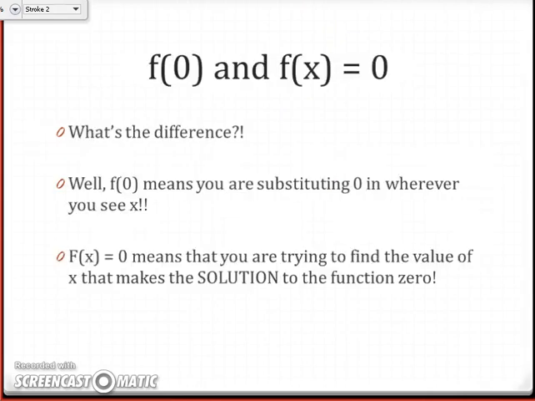And finally, one last thing I want to make sure that you understand is the difference between finding the function f of 0 and when the function says f of x equals 0. The main difference between the two: if it's f of 0, it means that you're replacing 0 in wherever you see x.